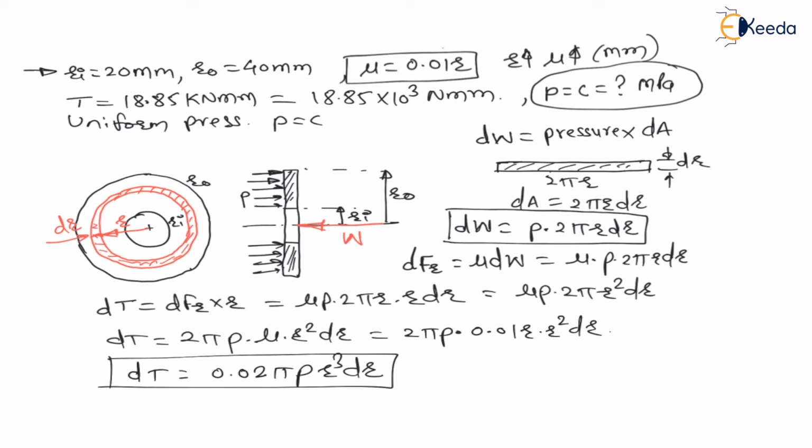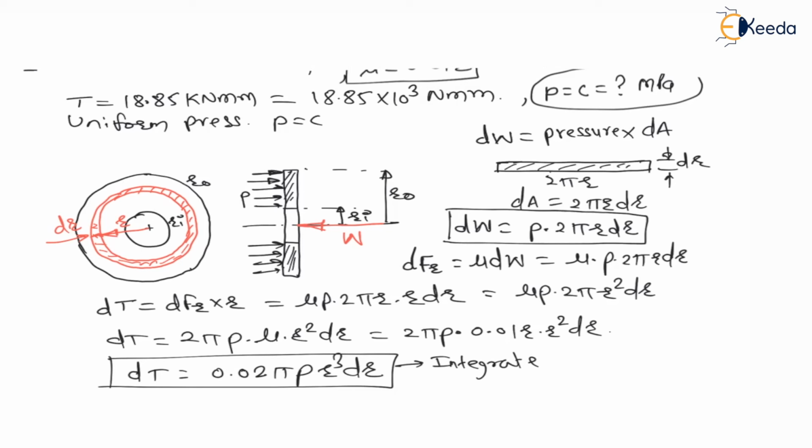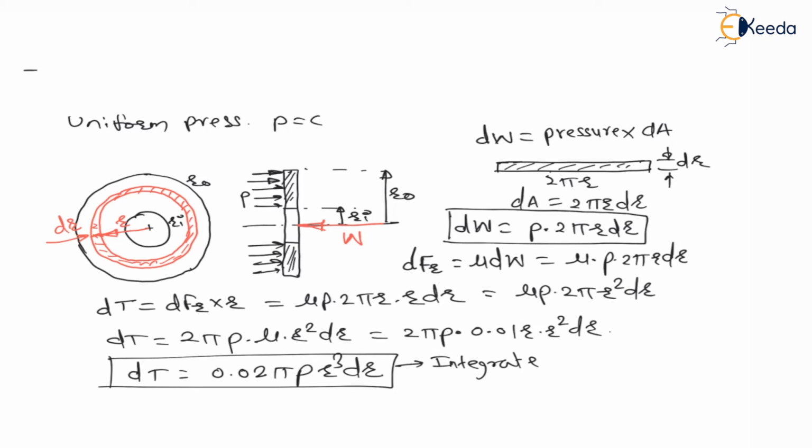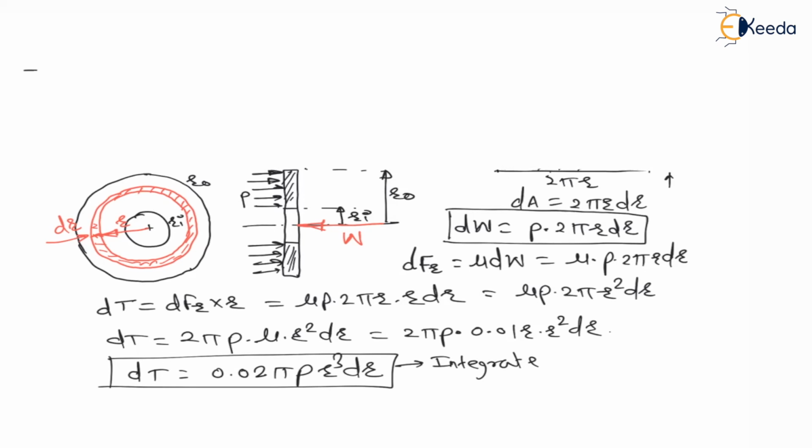Now, for getting total torque, we have to integrate this equation, so that we get the final result in terms of variation of coefficient of friction as well as variation of radius, right? Therefore, put all the values and integrate: integration of dT is equal to integration of 0.02 pi p r cube dr.